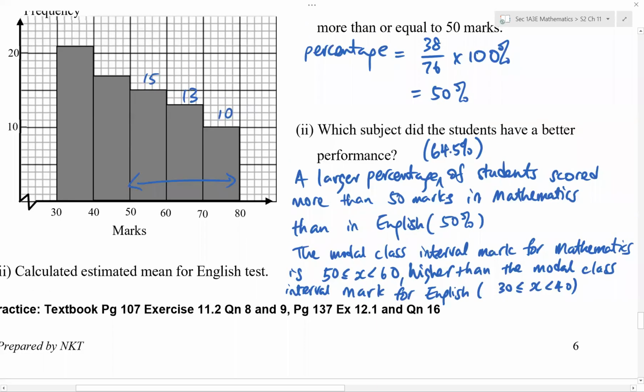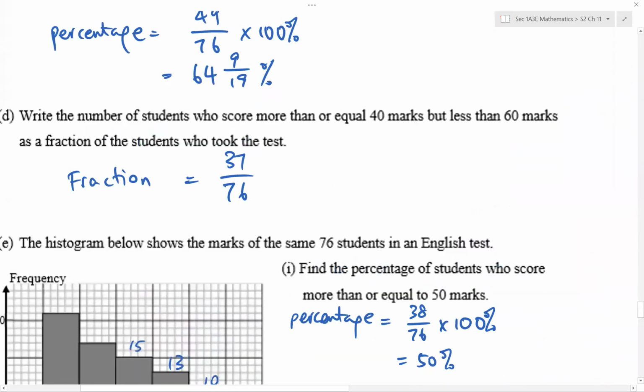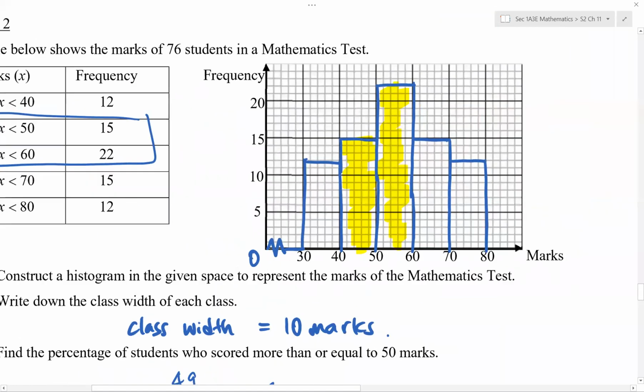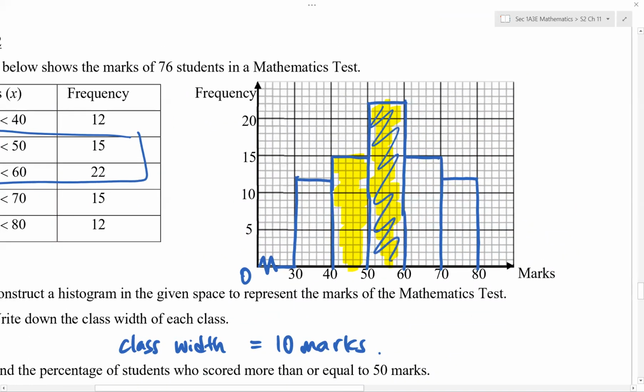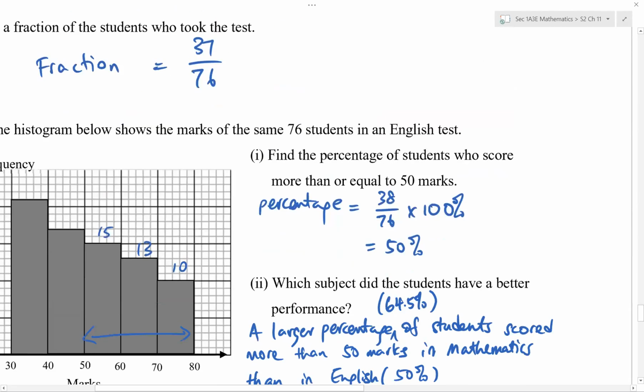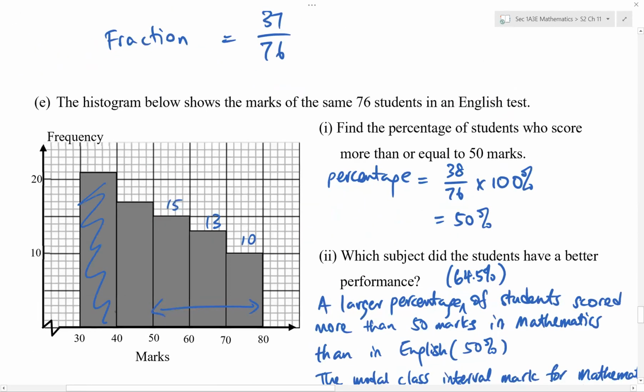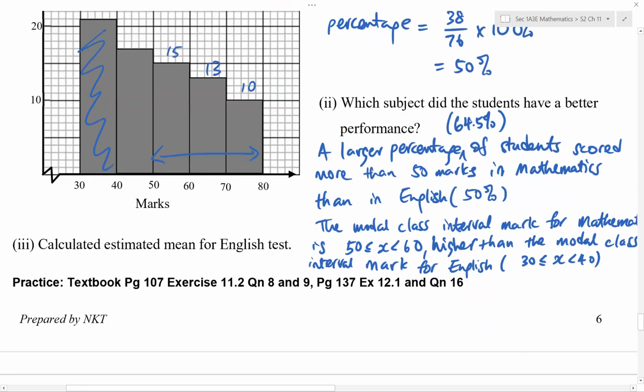So many students lie in this interval for mathematics, 50 to 60. Many students lie in this interval for English, which is 30 to 40. So based on these two evidence, number 1, number 2, we can conclude that students did better in mathematics.